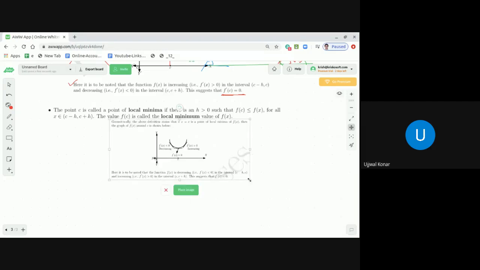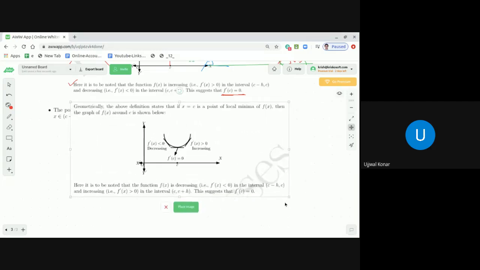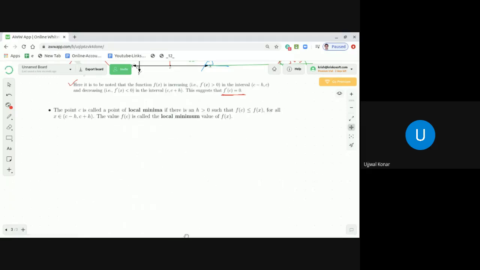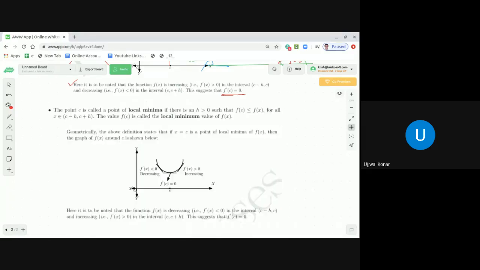If you look into this particular graphical view, geometrically, the above definition that I defined for the local minima states that if x equal to c is a point of local minimum of f(x), then the graph of f(x) around c will be something like this.